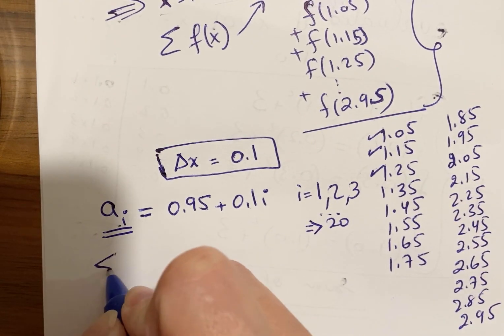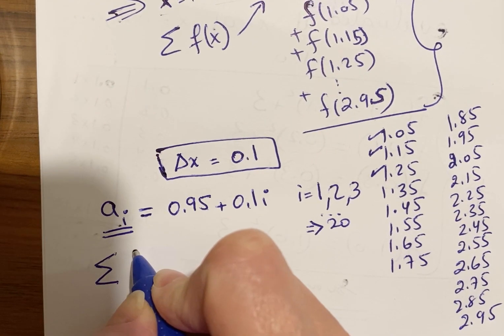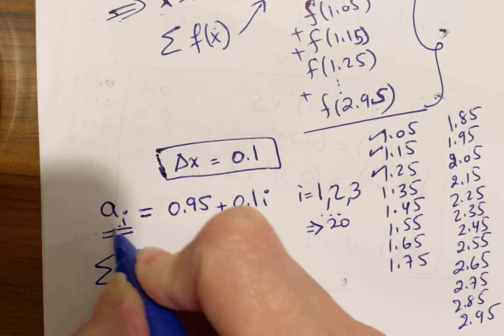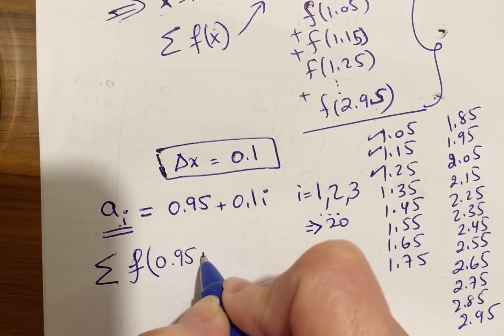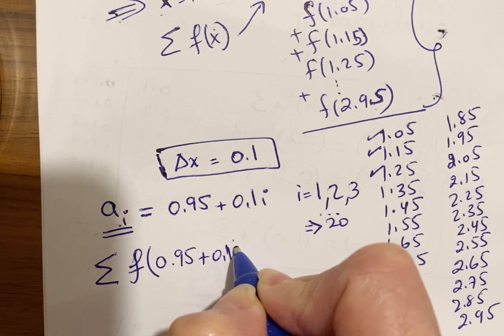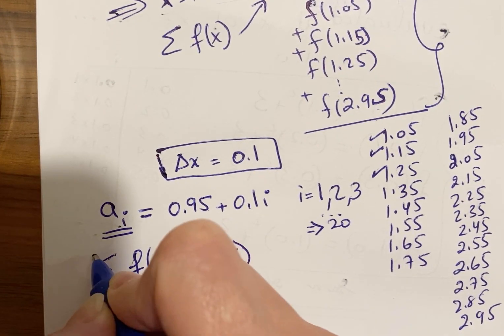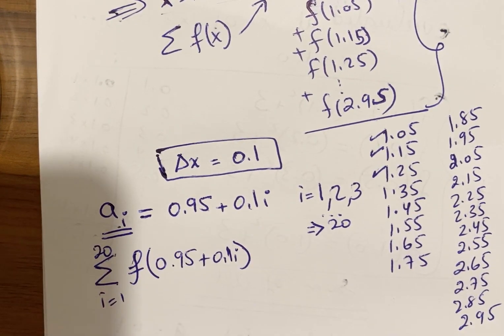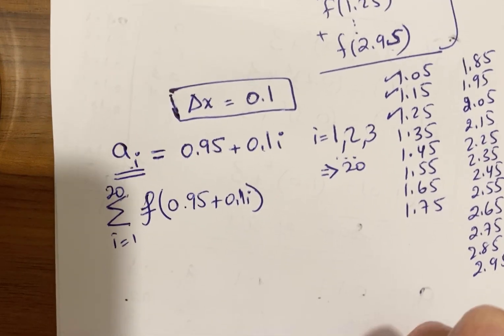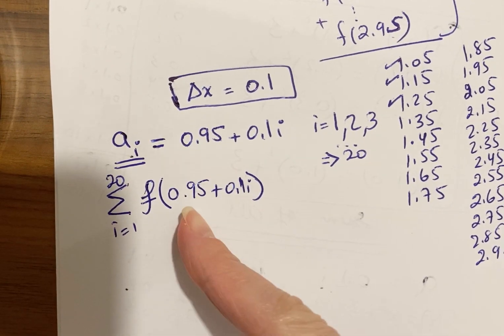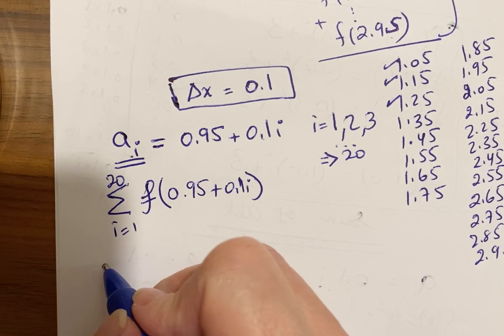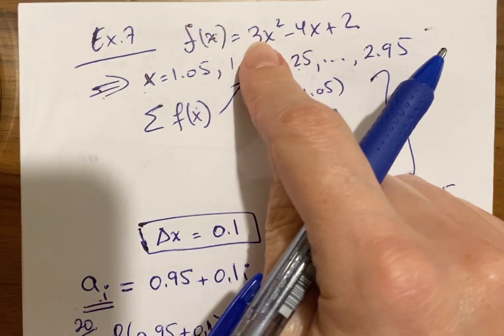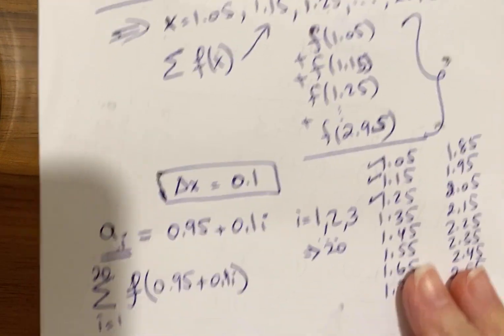And then what is the summation I'm looking for? I'm looking at finding f at those x i from i equals 1 to 20, from 0.95 plus 0.1i. What is f? f is 3x squared minus 4x plus 2.